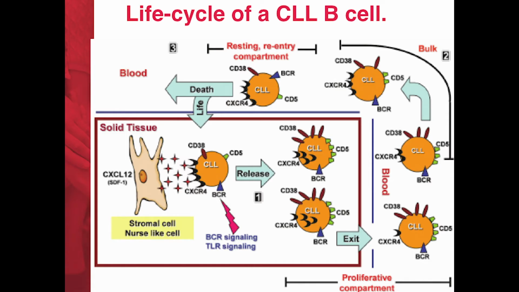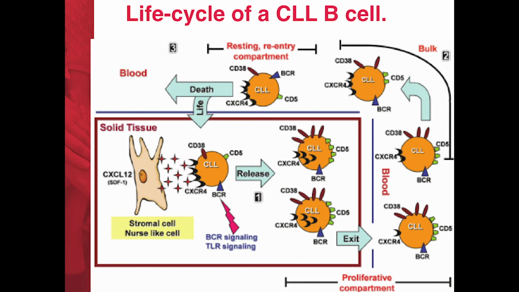So this is the life cycle of a CLL B cell. It's basically a paradigm, much like the life cycle of a normal B cell. CLL cells traffic in the blood, but where the action is, or where the problems arise, are in the bone marrow, lymph nodes, and spleen, where the CLL cell goes into these areas and receives the signals which tell it to divide a few times, and then it's released out into the blood, and this process gets repeated over and over again.